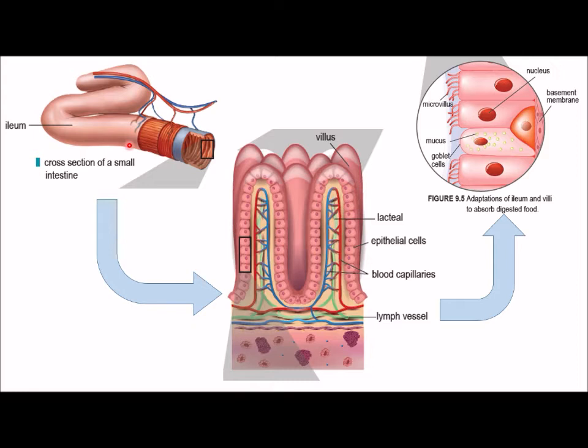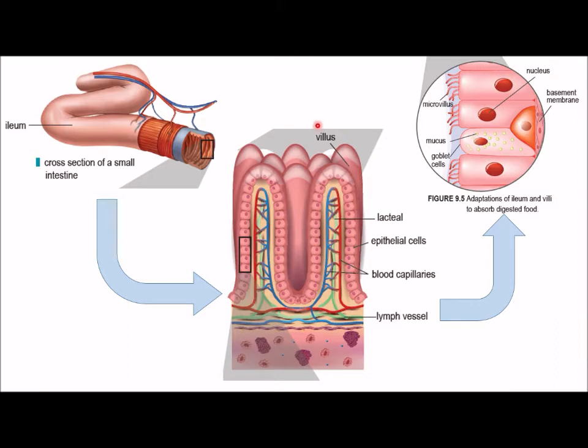Nutrient is being absorbed in the internal layer of the small intestine. If we make a cross section of a small intestine and enlarge this part here, this is what it will look like.